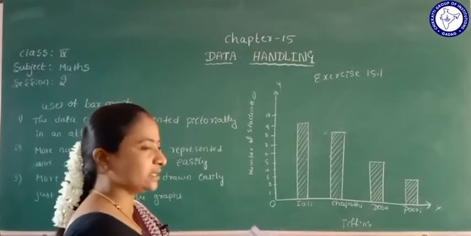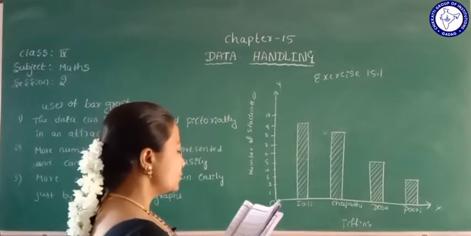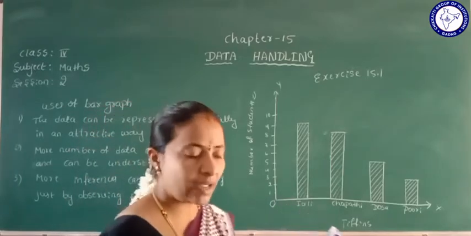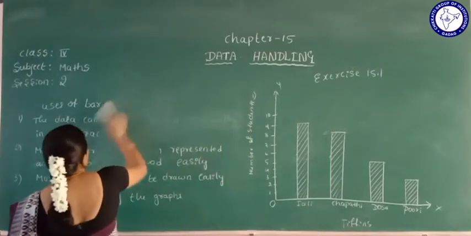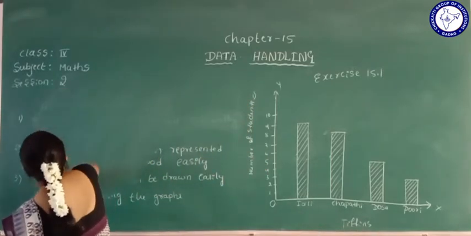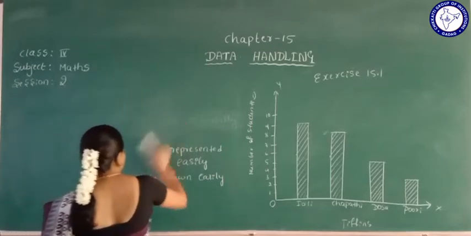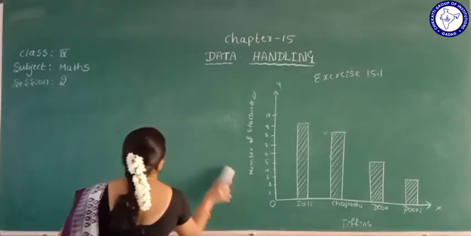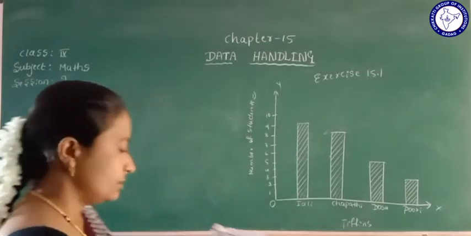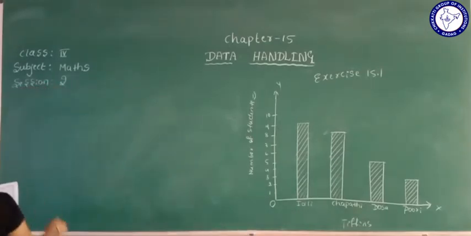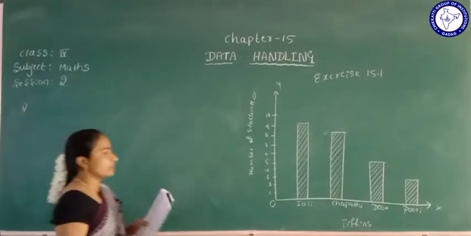Some questions are given here for you. Which food item is liked by the maximum number of students? We'll write the answer: which food item is liked by the maximum number of students.